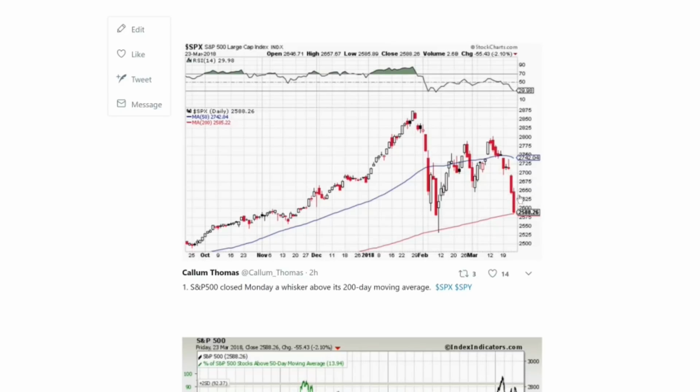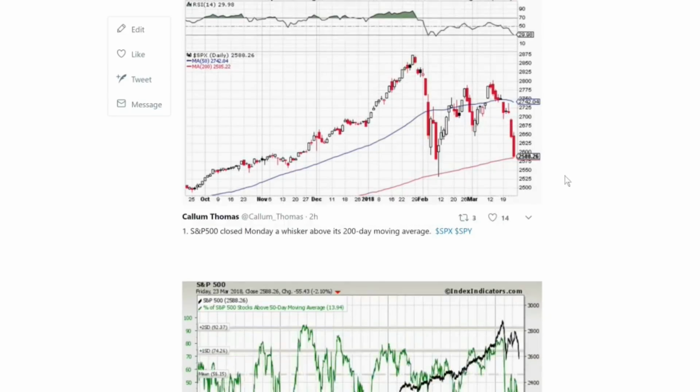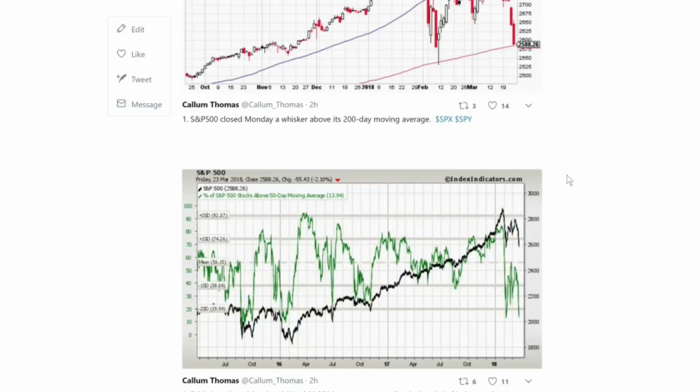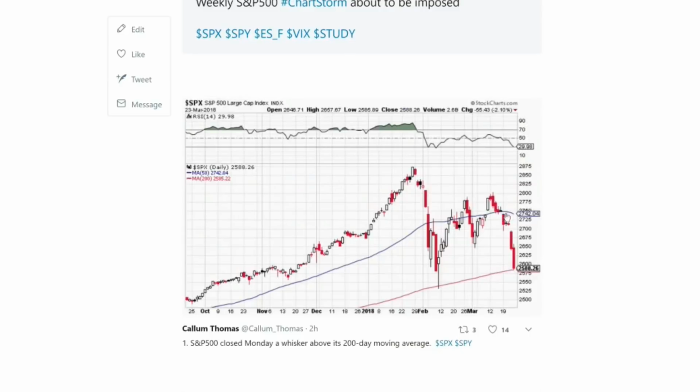The last two trading days of the week really just had a bit of panic setting in as the news, or the noise, as some people like to call it, triggered quite a turn in sentiment. Most of you probably would have noticed that the blue line there is the 50-day moving average, and the index spent the whole last week below that.